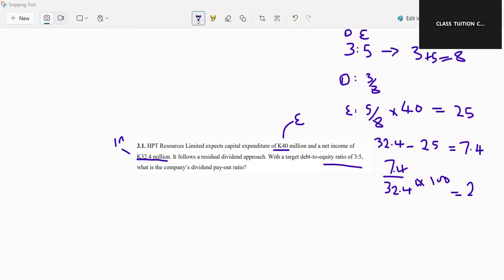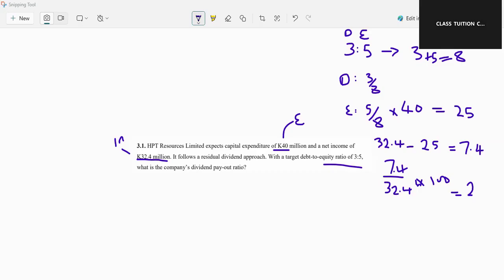It plans to invest 40 million in these new projects, funded according to our policy as follows: debt, which we borrow, is three parts, and equity, which we fund from our own profits, is five parts. If you want, you can use percentages, 3 out of 8 and 5 out of 8.